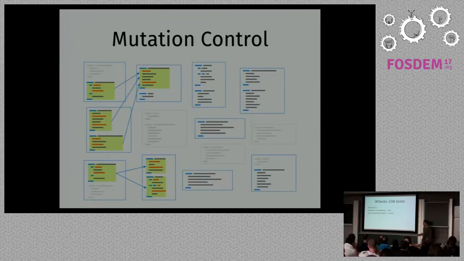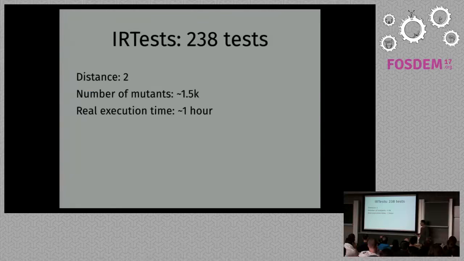For the same subset of tests, we took distance 2. It produces 1,500 mutants, and the real execution time that I measured on my machine took about 1 hour, which is kind of acceptable.